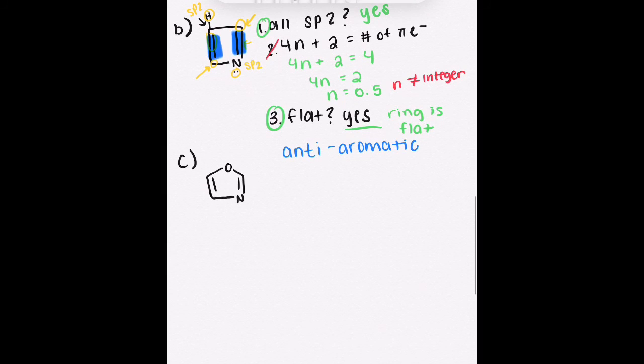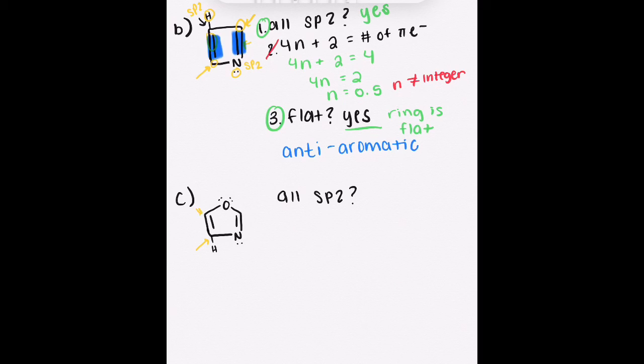Now for our last example, we'll ask the same question, are they all sp2? The oxygen has 2 lone pairs, the nitrogen has 1. So this carbon is sp2, connected to 3 things, and you can add in those hydrogens if it helps.